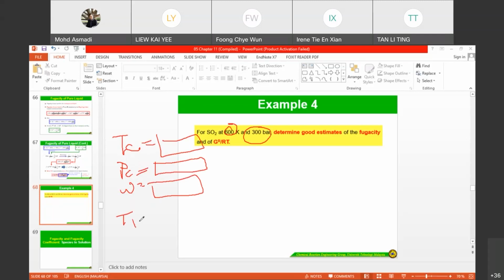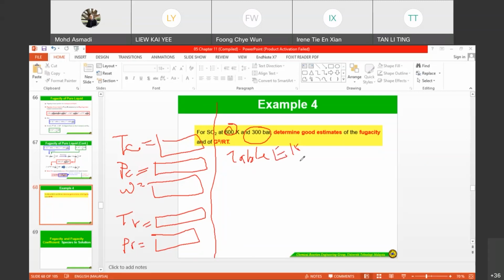And then TR, please determine. Please refer to the table in appendix E, E15 to E16.